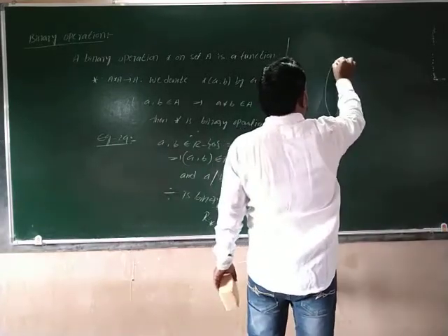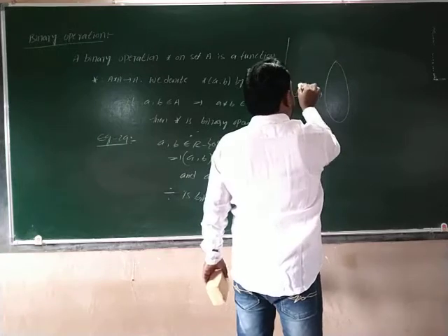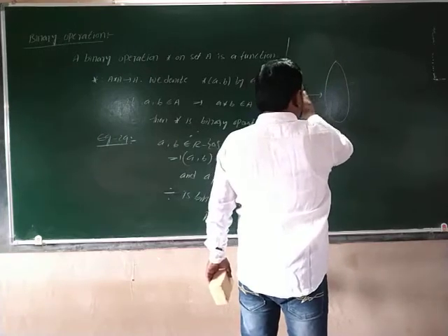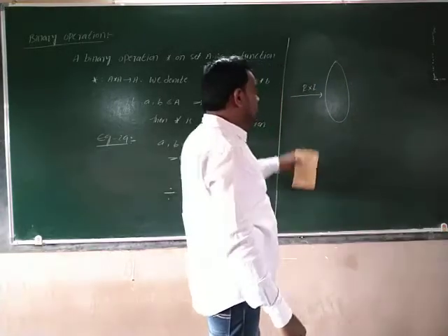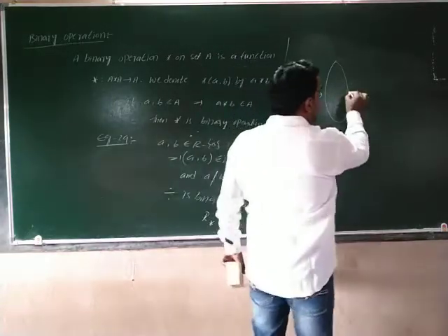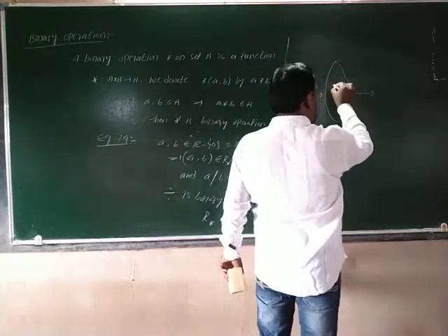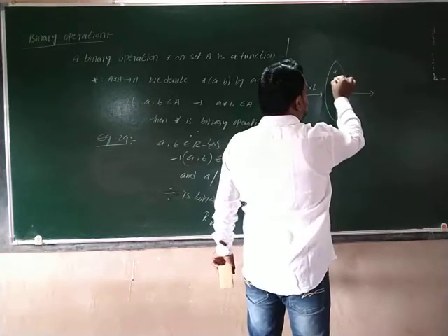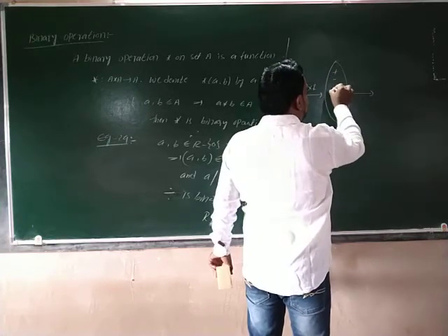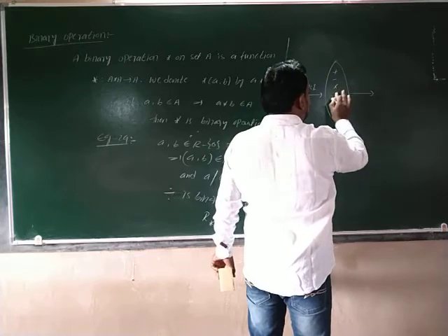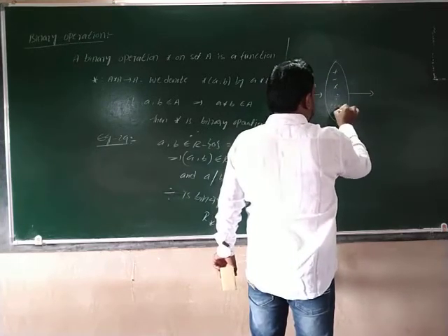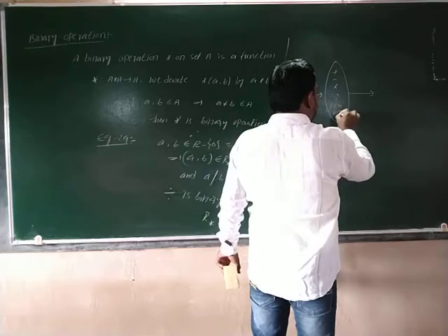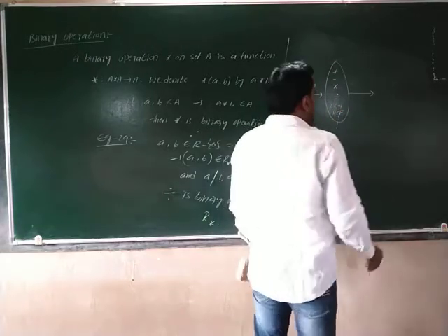Here we are giving some inputs, those belong to R cross R, and we are getting some output. There is some operation here. It may be division, multiplication, addition, LCM, HCF, so many operations are like that.